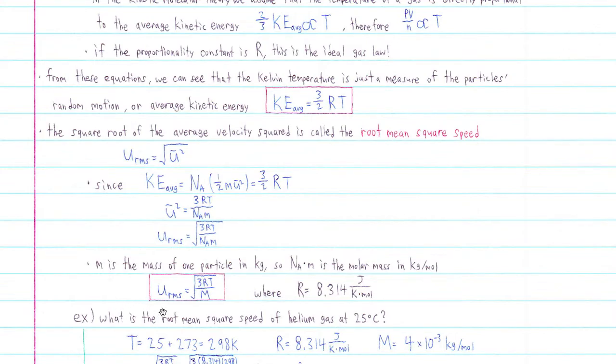So in all, we get the root mean square speed is equal to the square root of 3RT over the big M, which is the molar mass in kilograms. And so here we can't use the 0.0821 value of R, we need to use this 8.314. And it's because of how the units work out.